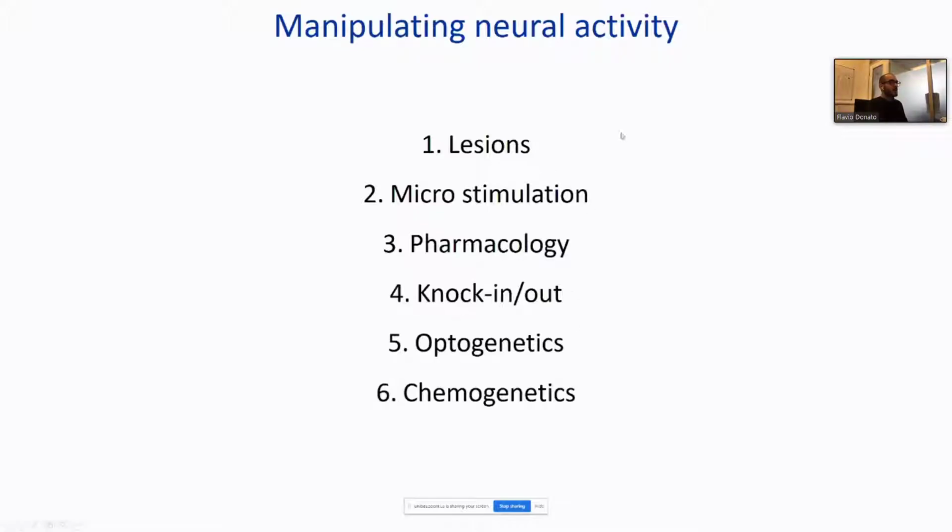We're going to be talking about each of them. We're going to pay particular attention to optogenetics and chemogenetics, because these are among the technological advancements that I was telling you before, which have made it really possible to test hypotheses and perform experiments that until a few years ago was not really possible to address.